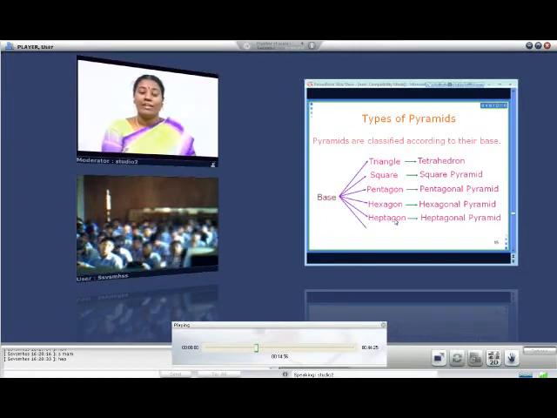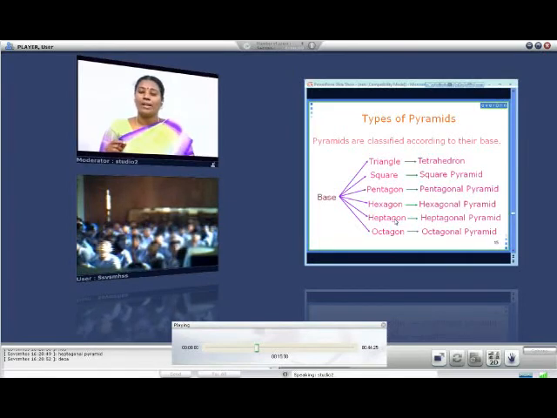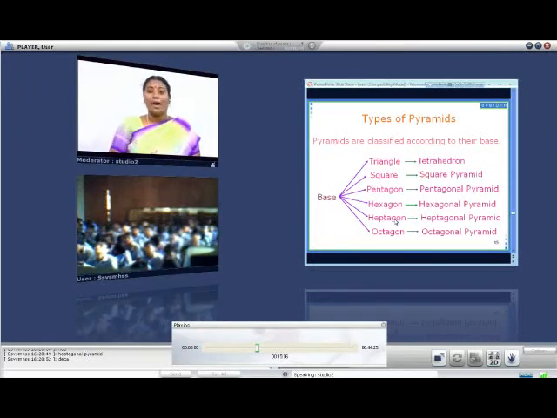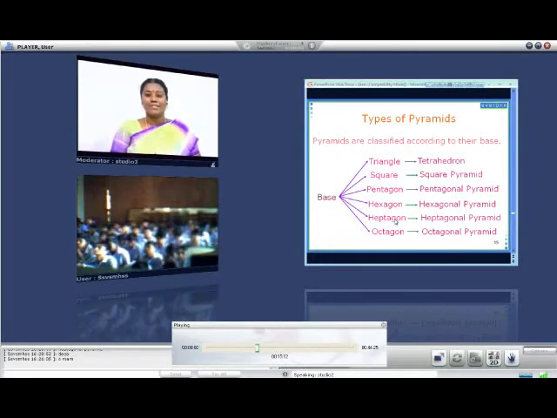So with an 8-sided polygon, you have an octagon, and the pyramid is called an octagonal pyramid. Yes, decagon, you have a 10-sided figure, isn't it? So we are considering up to 8 sides. So this is how the pyramids are classified.